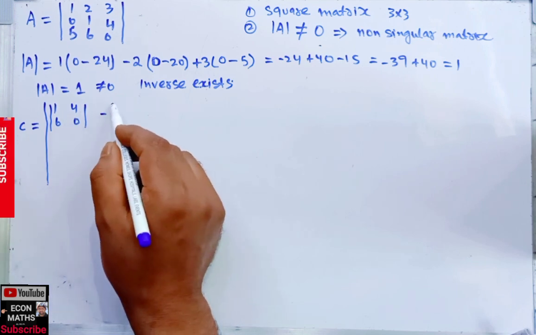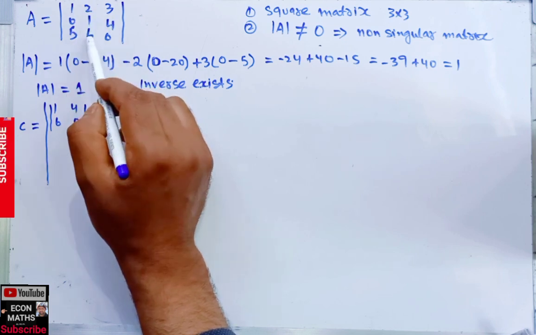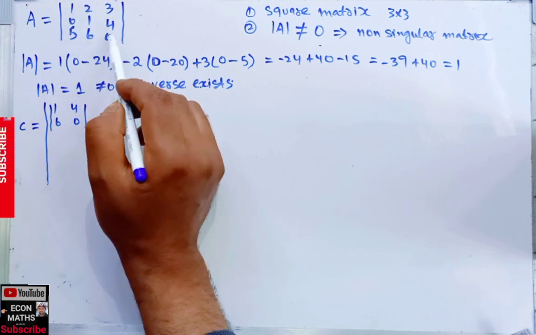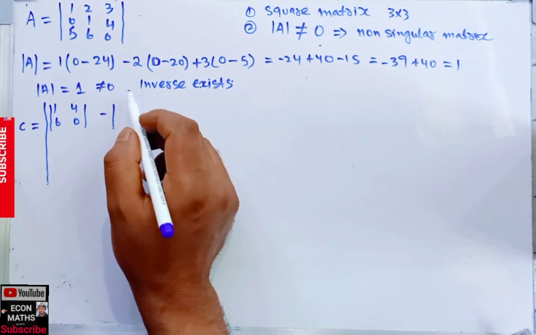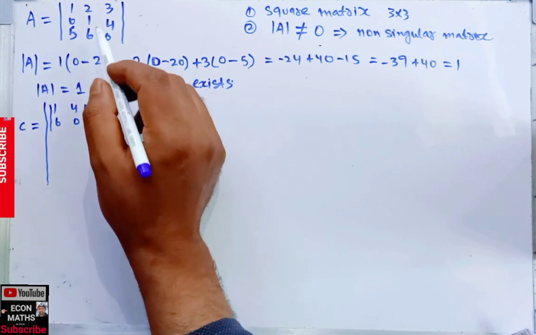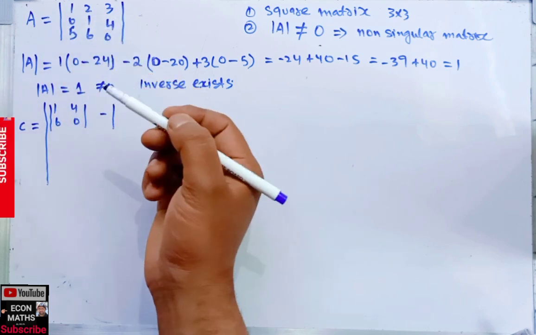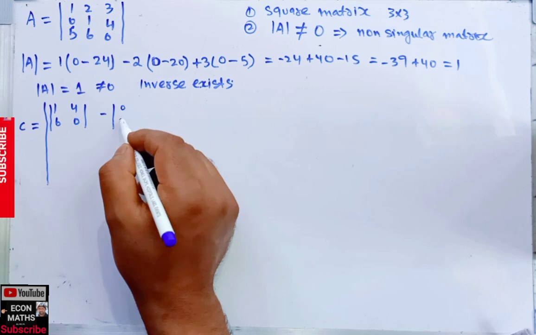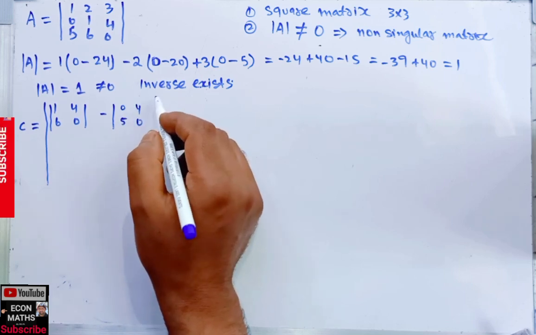Now the second cofactor will be, here it is 2, delete the row and the column in which it appears, we get 0 5 4 0. So I will write here 0 5 4 0.